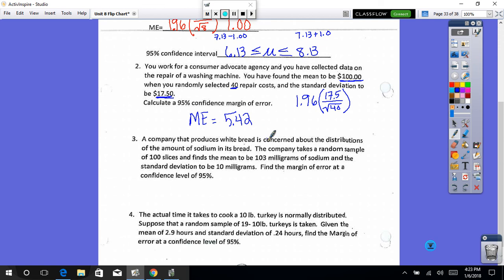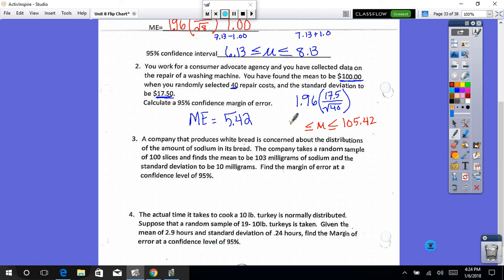If we wanted to find the confidence interval, because of the fact that they already gave us the mean, we can do that. Okay, we add the margin of error to the mean for the one side. Okay, 100 plus that is 105.42. And then we subtract the margin of error from the mean for the other side.